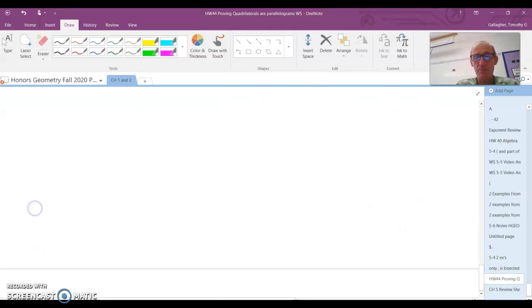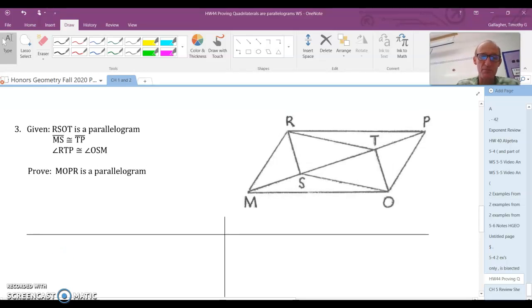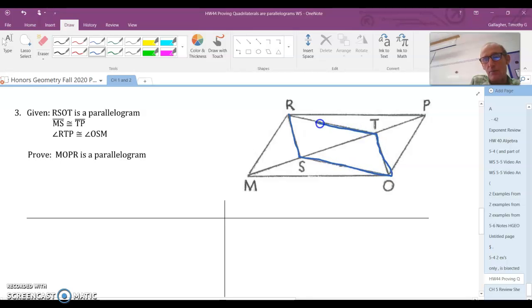Okay? Now, last proof is a bit of a conundrum, but it's not impossible. All right, so this is our first given, that we have this being a parallelogram. Okay, so that's great.